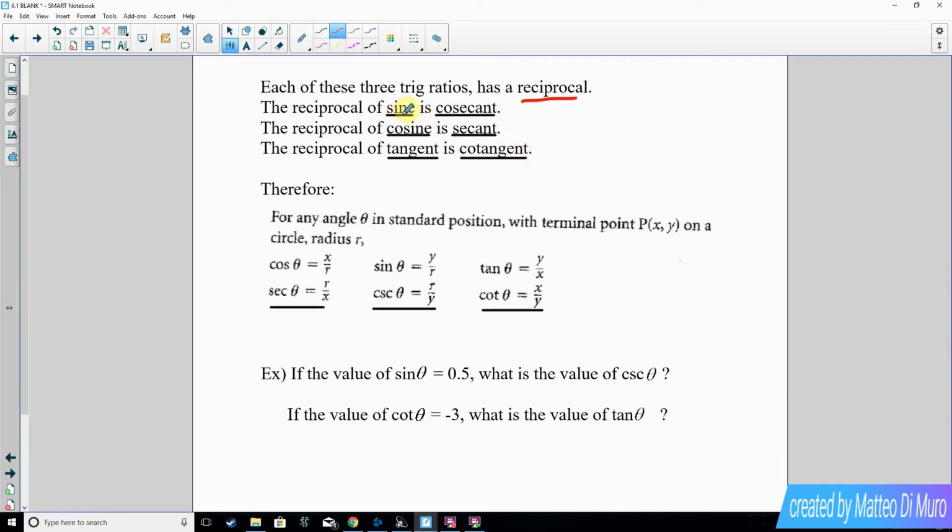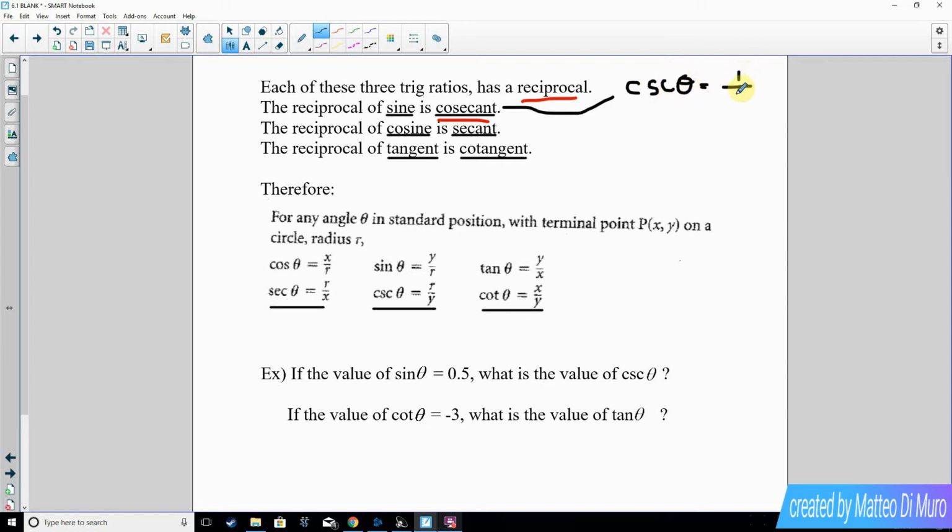The reciprocal of sine is called cosecant. The reciprocal of cosine is called secant, and the reciprocal of tangent is called cotangent. When we're doing the reciprocal of something, we are basically doing 1 over it.